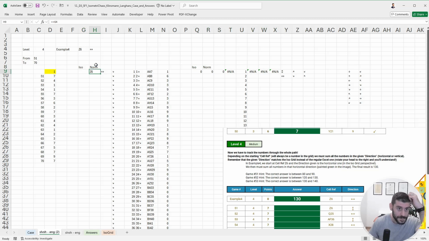So ISO is not this. Just moving this to go the other direction.